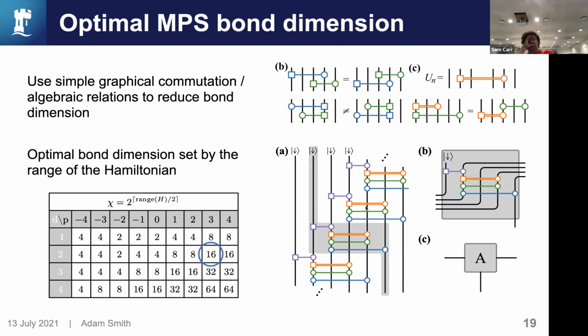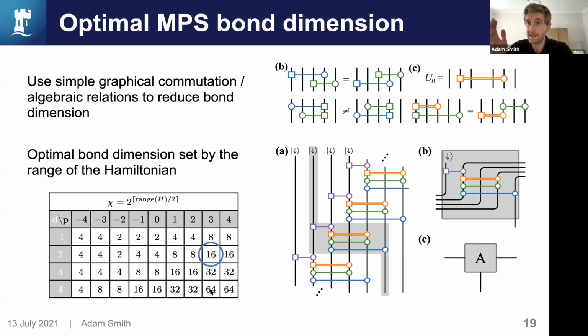In the case that I'm showing, this was bond dimension 16, which I've shown in this table. If you change the parameters in your Hamiltonian, you have this p value, which was the z to the p out front, and d is essentially the range of the remaining part.